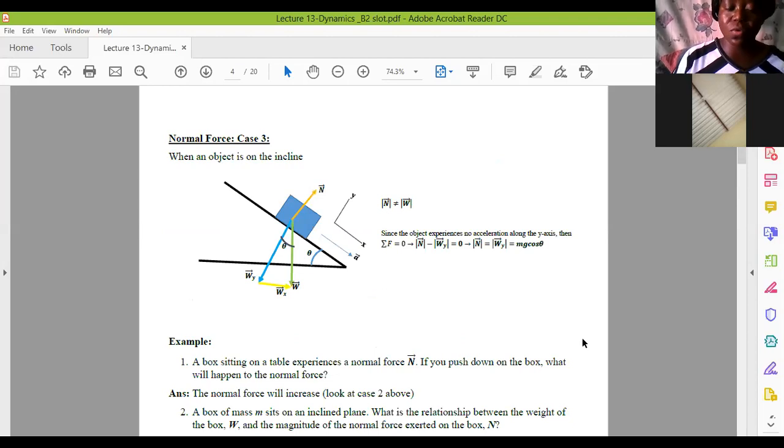Okay, question 2. A box of mass M sits on an inclined plane. What is the relationship between the weight of the box and the magnitude of the normal force exerted on the object?